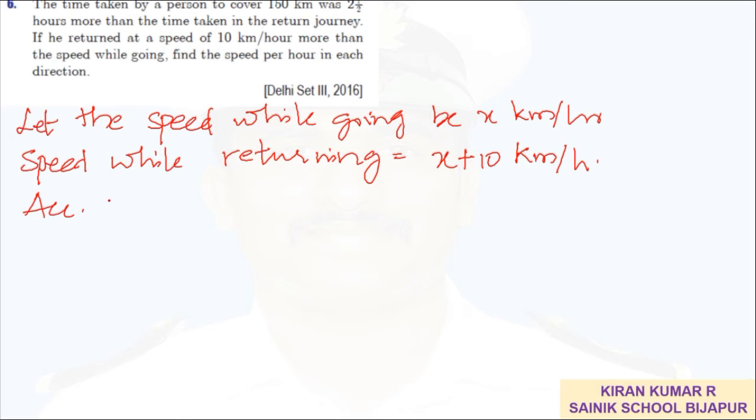According to the question, the speed should be considered now along with the distance, they have given the distance as 150. So the time taken is 2.5 hours more. So the difference in the time taken is 2.5 hours. Time taken is distance upon speed: 150/x - 150/(x + 10).